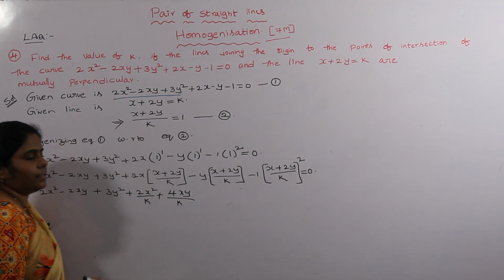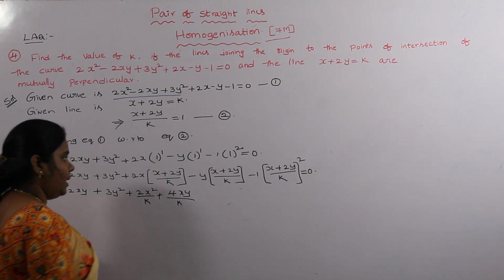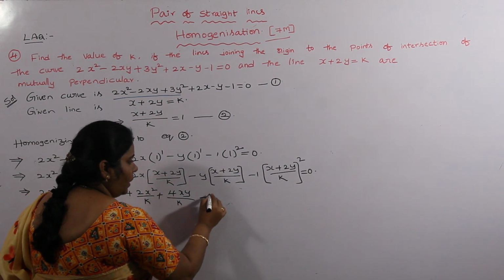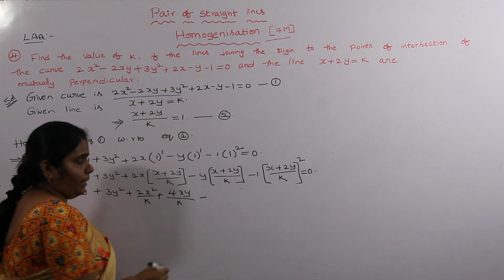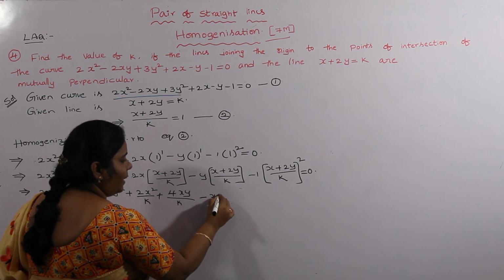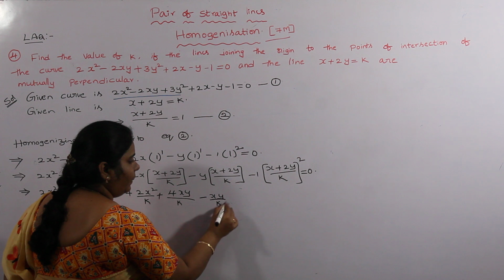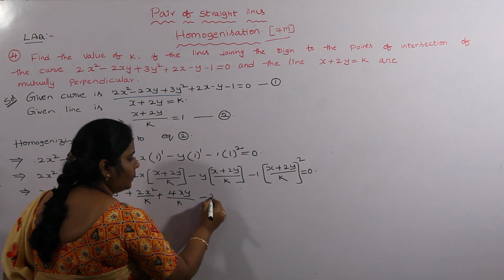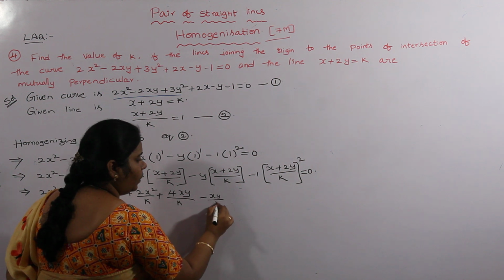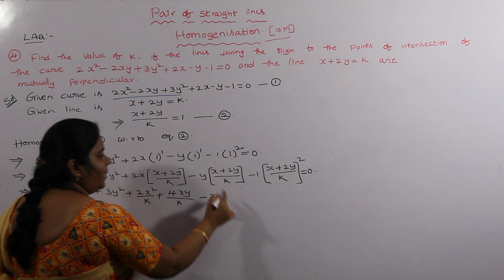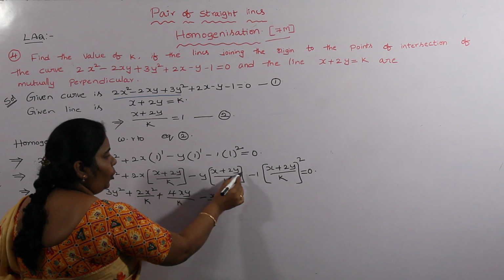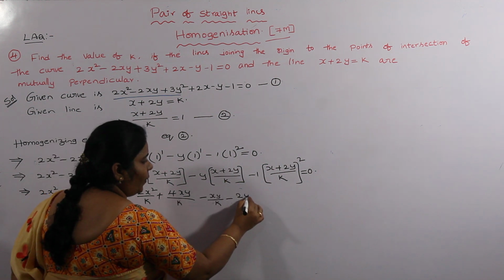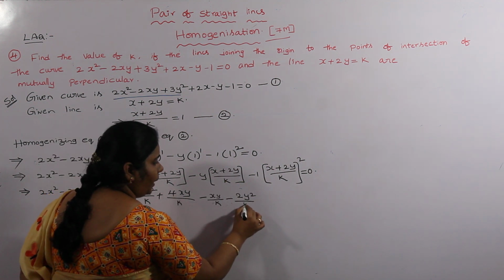Minus, this minus y is taken inside: minus y into x, that is minus xy, whole divided by k. Plus into minus is minus, 2y into y, that is 2y square by k.